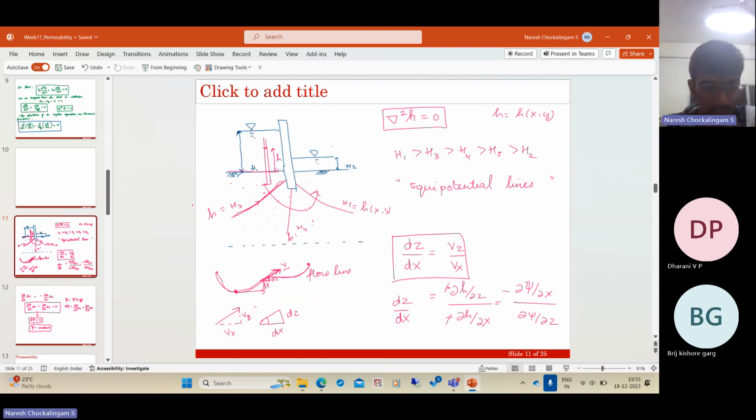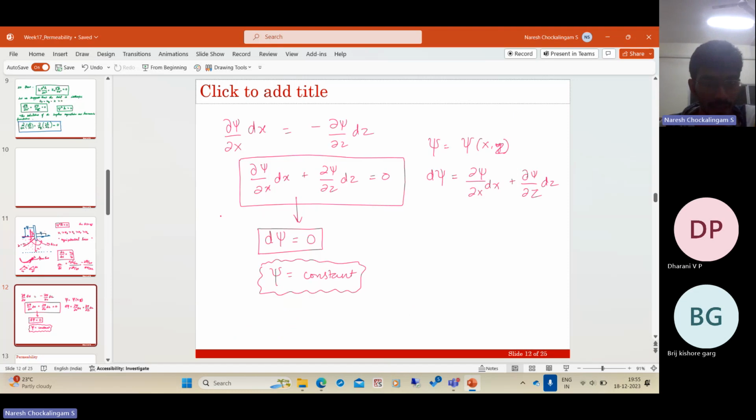And if you derive such a velocity, the velocity corresponds to the contours of the conjugate harmonic function. So ψ is the conjugate harmonic function. We saw that ψ equal to constant corresponds to flow lines.